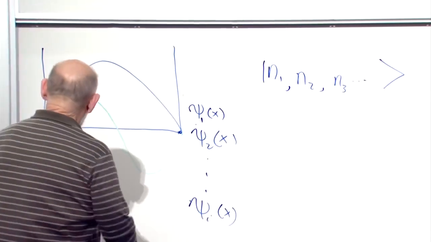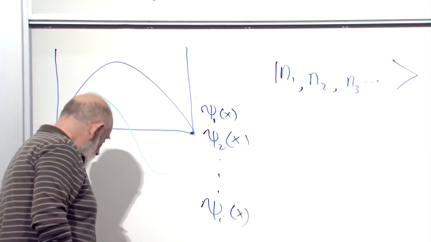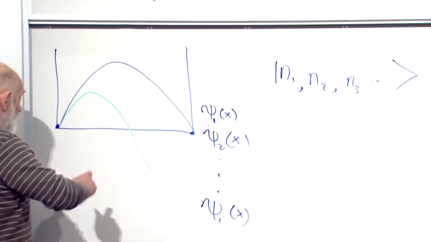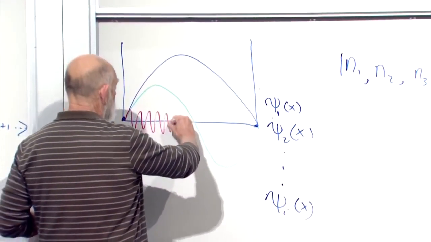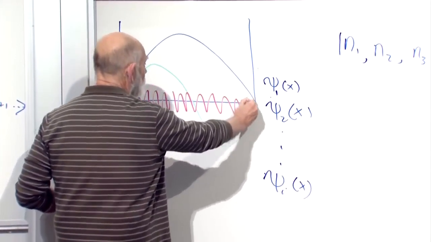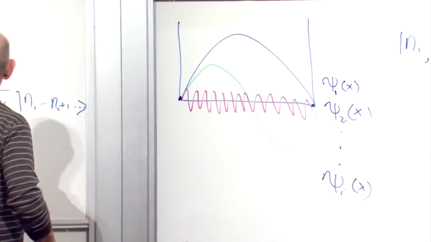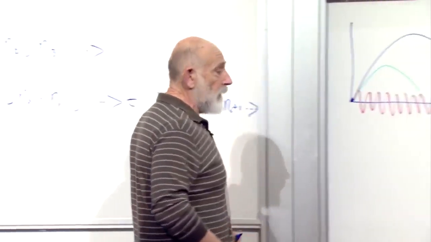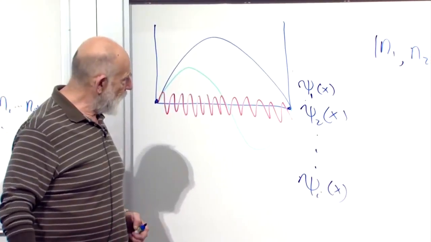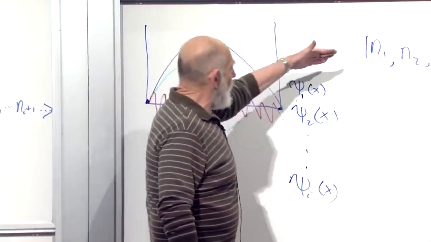Now, of course, there are infinitely many possible states in here of arbitrary, arbitrarily small wavelength, and that's the reason why we need to study any number of oscillators up to infinity. Okay? So here is a parallel.